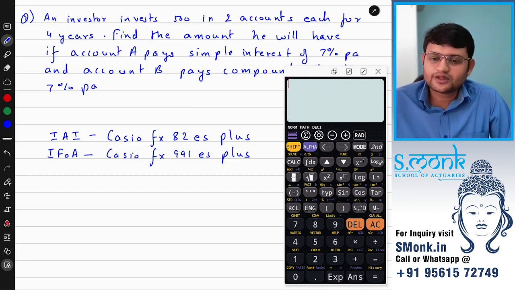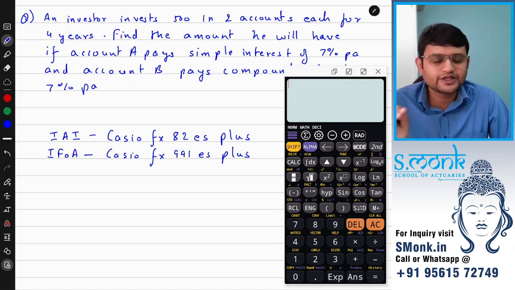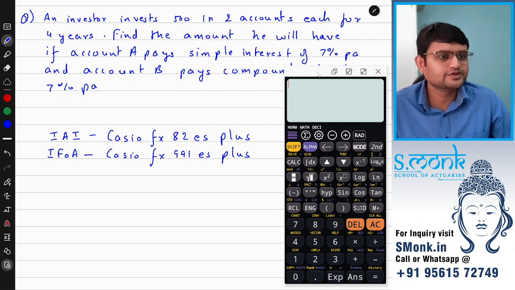So first of all, if you are downloading an app to simulate the calculator like I have done here, make sure that the app has the 4 arrows. You can see here 4 arrows. That is very important because let me just show you.